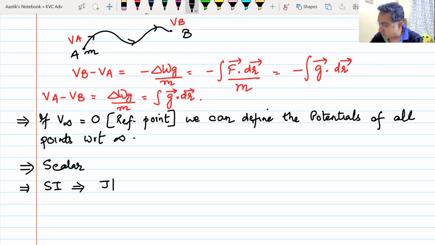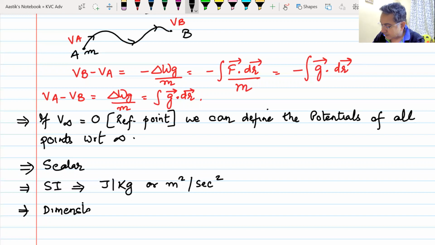It will be joule per kg. Yes or no? Yes, sir. Or you can write it as meter square per second square. The dimensions of this will be L square T minus 2.